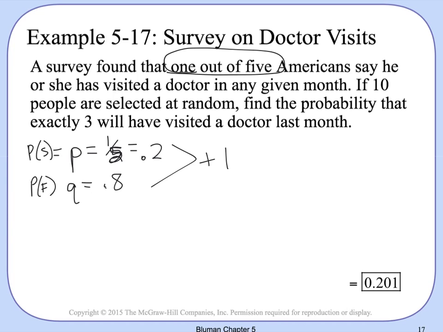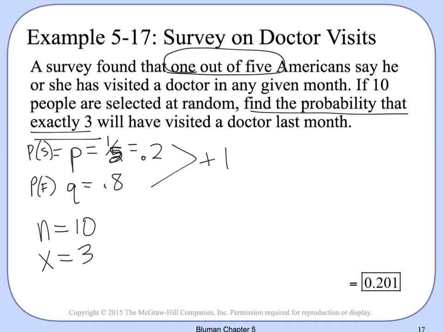How many people? That's the big number. So n is 10. N equals 10. And we need to find the probability that exactly 3, so we're finding the probability that x is equal to 3. That's what we're trying to find. X is our number of outcomes.